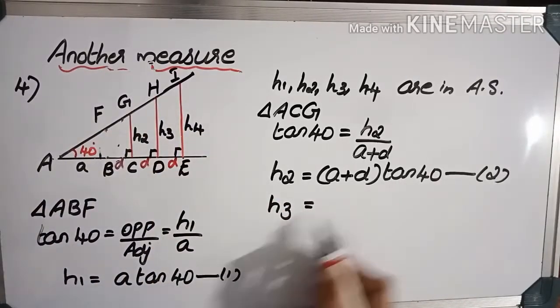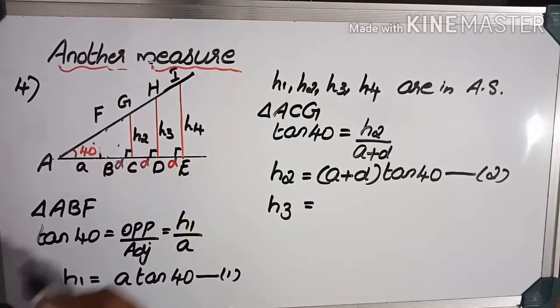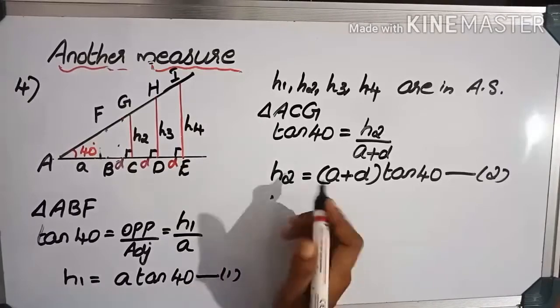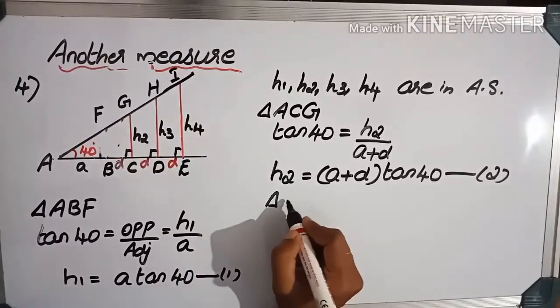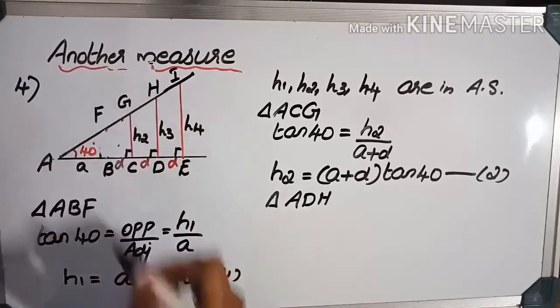For h3, the first was A tan 40, next A plus d tan 40, so here one more d will be there. Consider triangle ADH, the whole triangle.